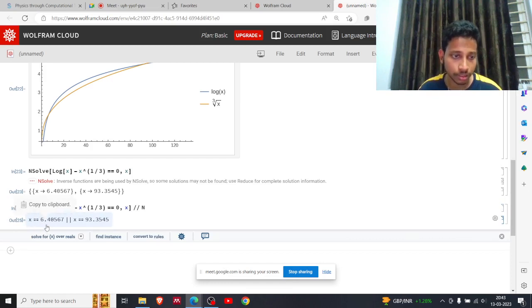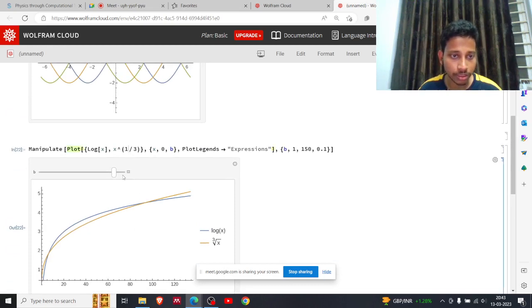So the first one is x equal to 6.40567, and the second root is x equal to 93.3545. Now we can change this.